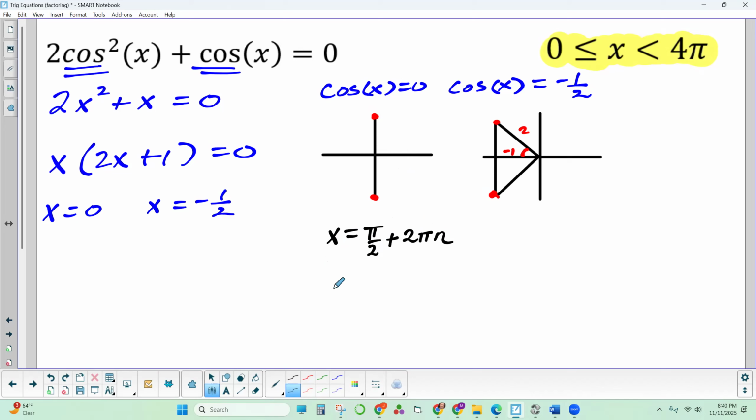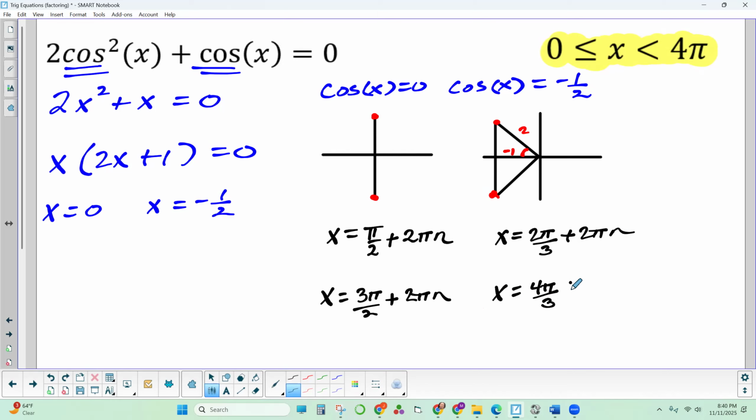And then I'm going to take my next solution, which is 3 pi over 2, add 2 pi n, and then come over here, and this is 2 pi over 3 plus 2 pi n, and the last one is 4 pi over 3 plus 2 pi n.